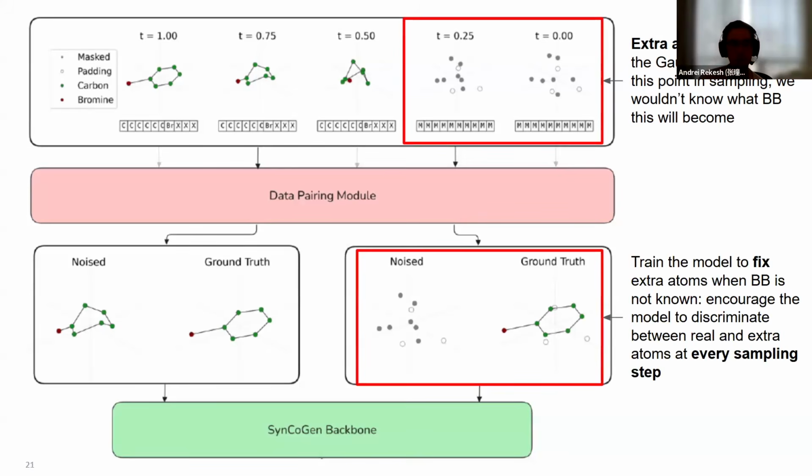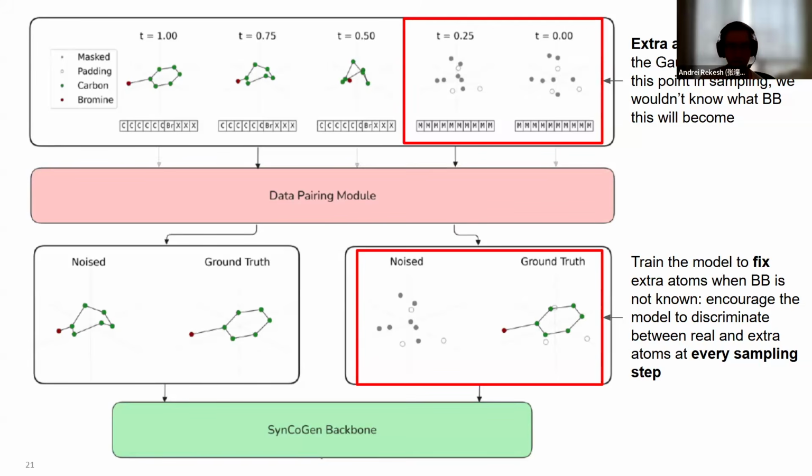And what this looks like when we construct training data pairs is when a building block is not selected, we keep the extra atoms in the ground truth. And what this helps us do is encourage the model to discriminate between real and extra atoms at every sampling step, not just the steps where the building blocks are denoised.